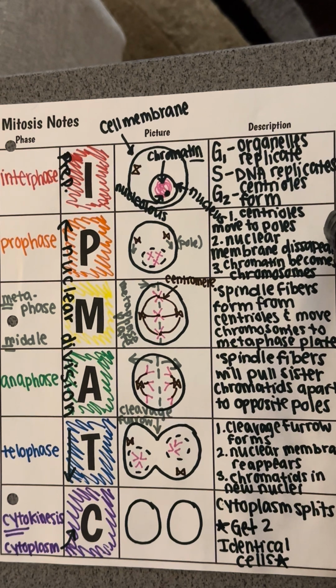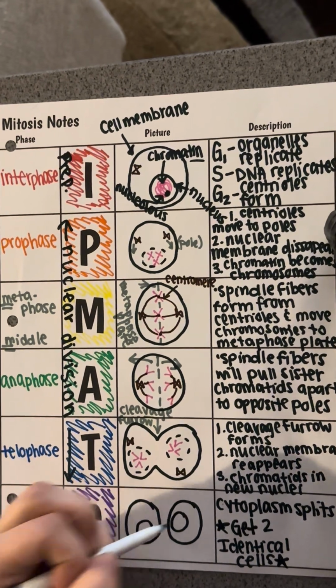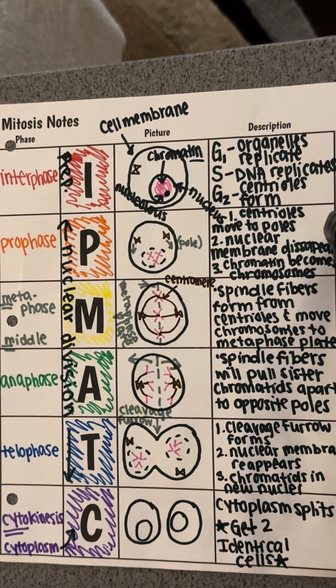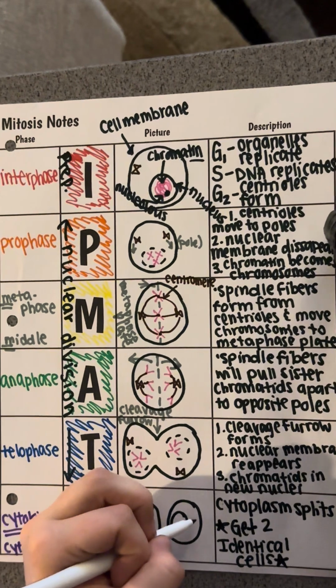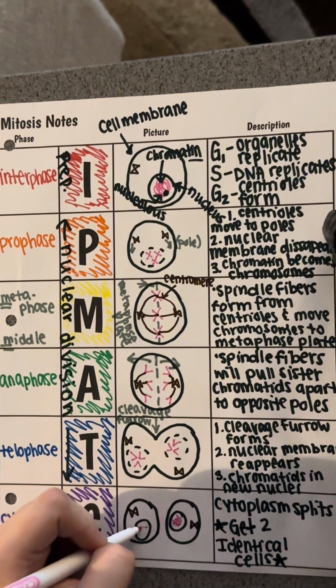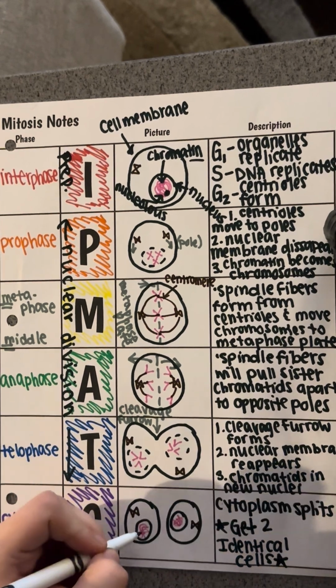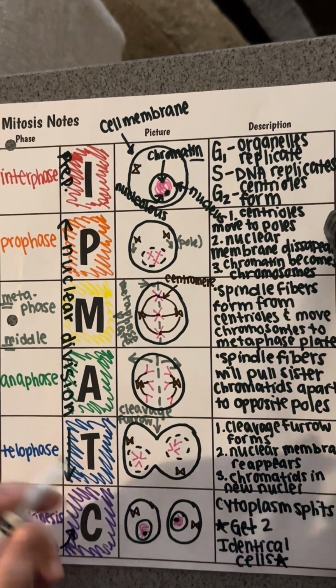And we are going to get our picture just like our first one. So there'll be a centriole in each side. We have a nucleus, and inside the nucleus there is chromatin and a nucleolus.